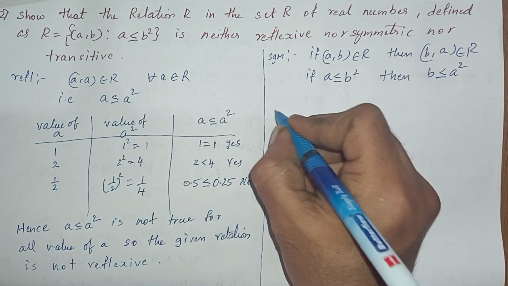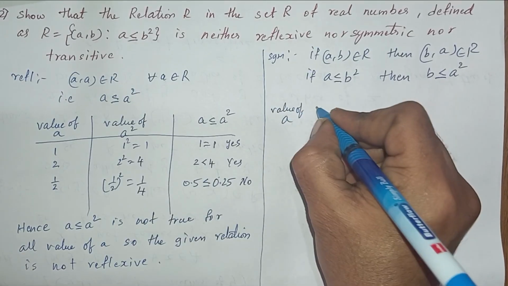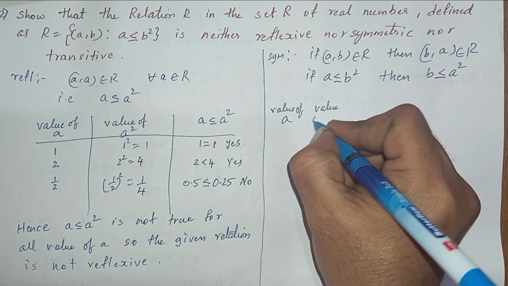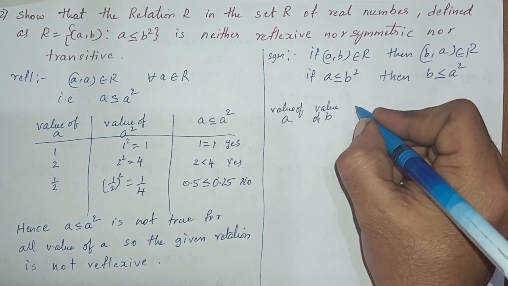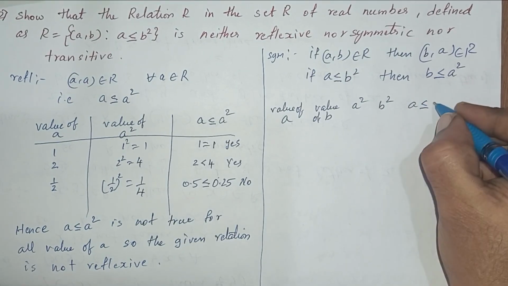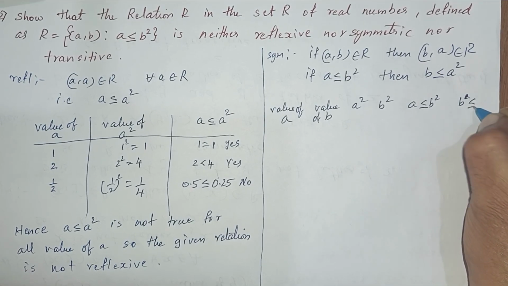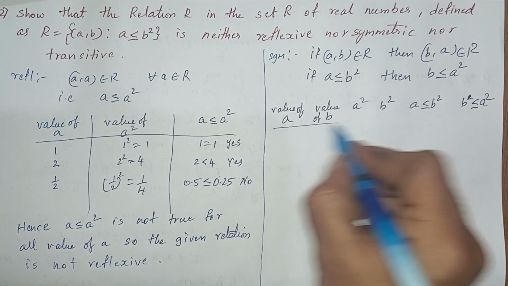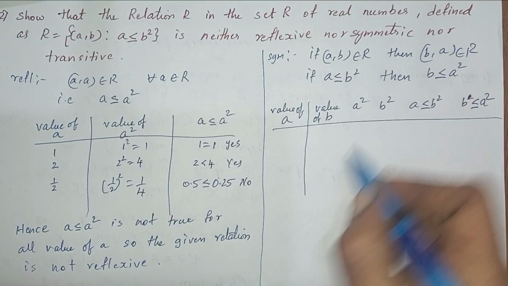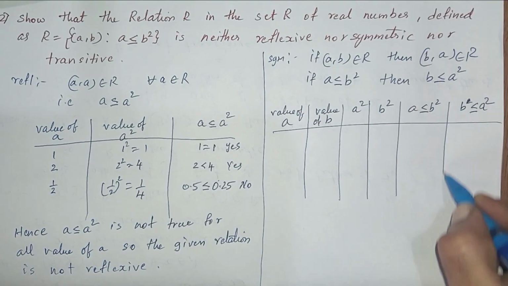So first, we take the value of a, the value of b, a squared, b squared, where a is less than or equal to b squared, then b is less than or equal to a squared. We'll take a few values and check whether this is satisfied or not.